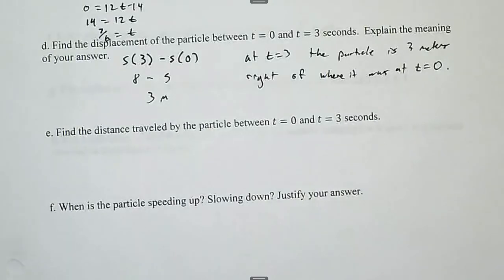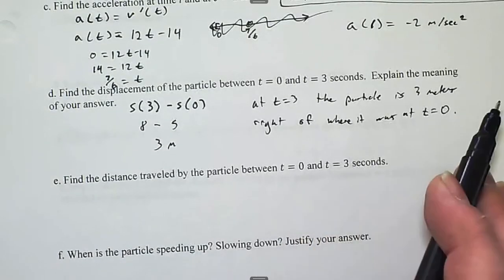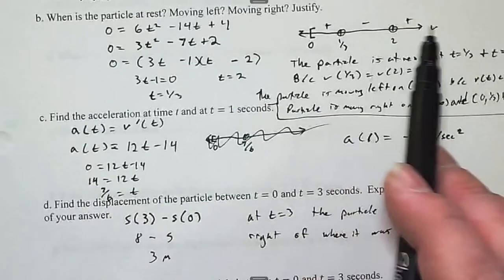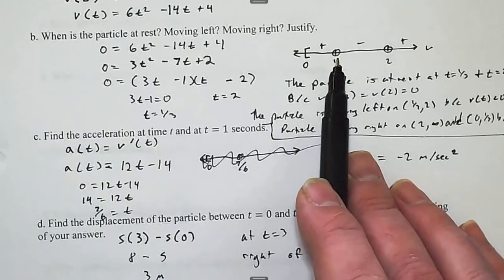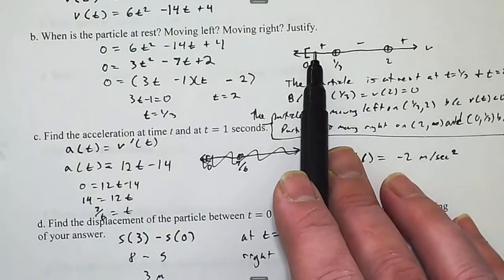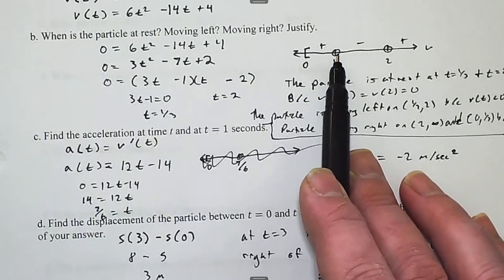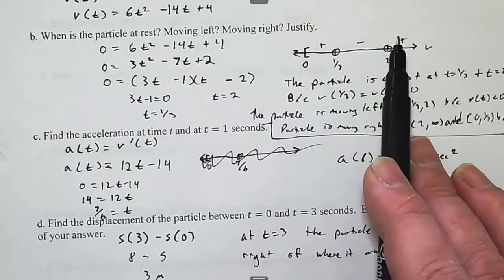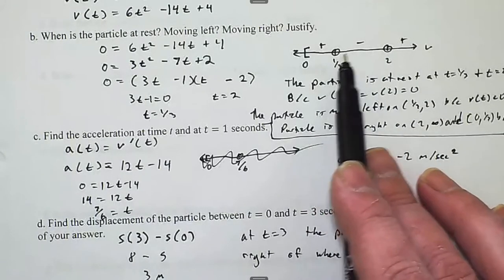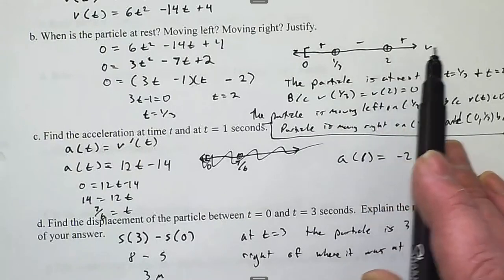What we're going to do is look at where this particle changes direction. It changes direction at 1/3 and at 2. So I need to calculate the absolute value of displacement from 0 to 1/3, then from 1/3 to 2, then from 2 to 3, and add those up.